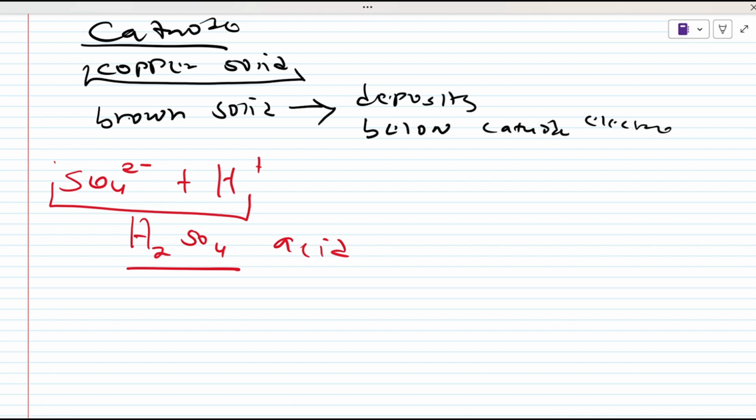So initially, this is an acidic solution which can be justified using any acid test. You can even use litmus paper. Now, when you use litmus paper, you know the changes that will happen.